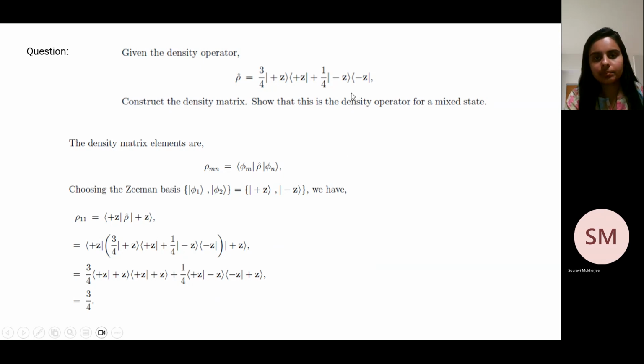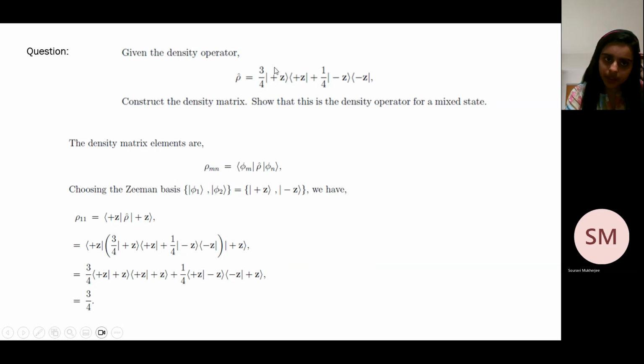So this was a typical question. Here the density matrix was given and you wanted to construct the density matrix in matrix form. How do you do that? If you have phi m and phi n as the basis vectors, this gives you the different density matrix elements.